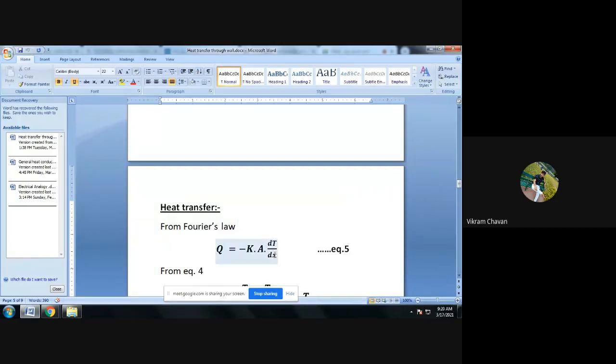K and A are constant terms. The change is only in the temperature and the distance, that is dx, or the thickness.